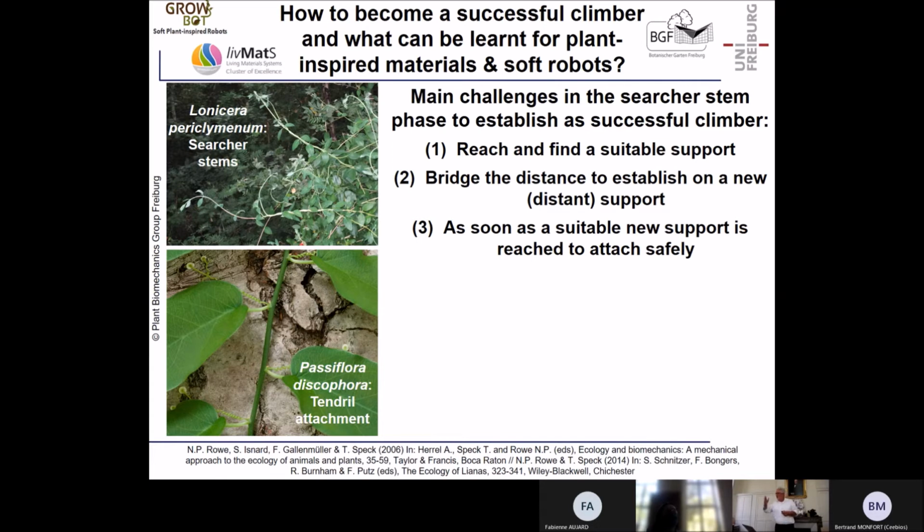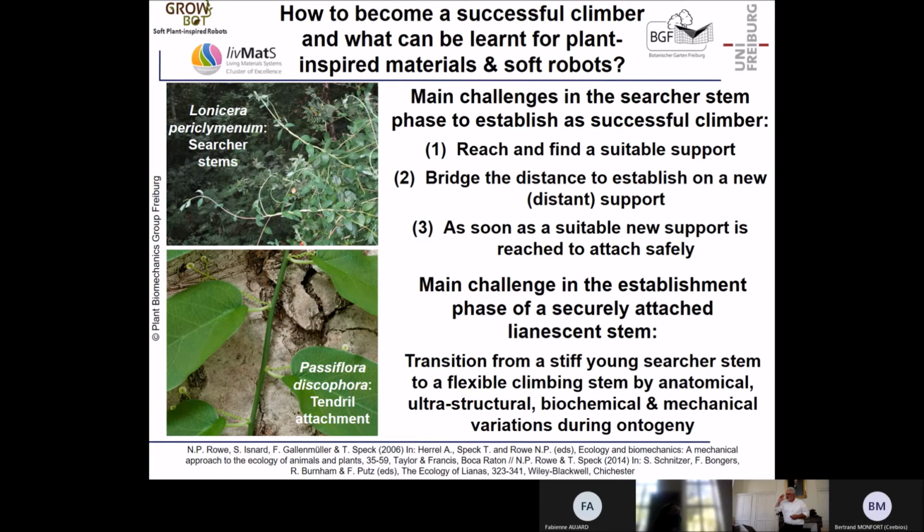The first thing is, in the searching phase, when they're young, they have to reach and find a suitable support. They have to bridge a distance to establish on a new, distant support. And as soon as a suitable support is reached, they have to attach safely. One, two, three. And all lianas do that. As soon as they are attached, they tremendously change their mechanical properties. Young liana stems are extraordinarily stiff. They are much stiffer than twigs of trees of comparable diameter, because twigs of trees go with the wind.